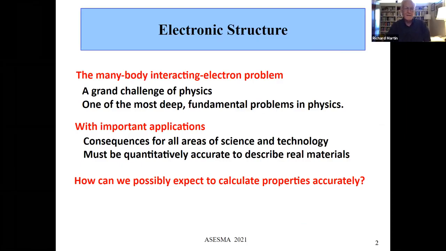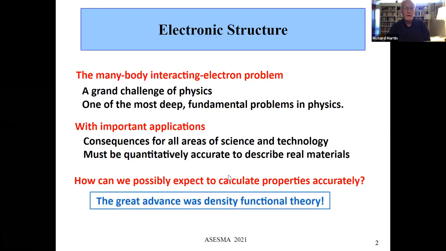In addition to being a great challenge for deep insights in physics, it has important applications. It has consequences for essentially all areas of science and technology because it's become so useful. But if you want to do things that are really relevant for science and technology, it has to be quantitatively accurate at some level. So the question is, how can we possibly expect to calculate properties accurately when it's such a difficult problem?